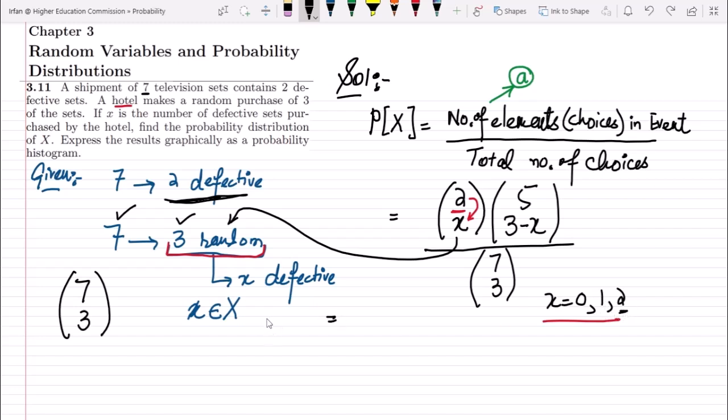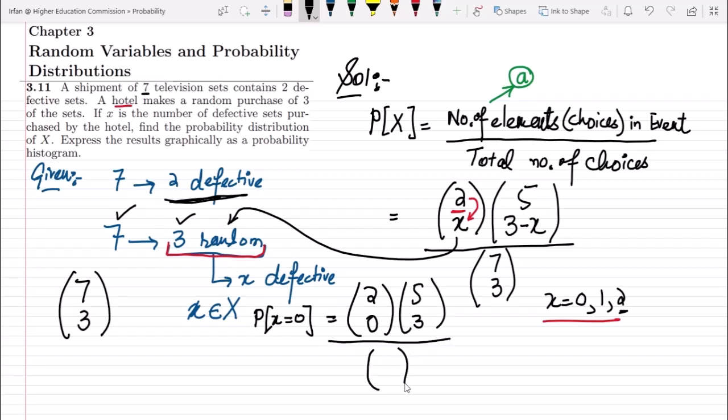So let me take the probability of x equal to 0. For x equal to 0, I have to put 2 choose 0, and here 5 choose 3, divided by 7 choose 3.